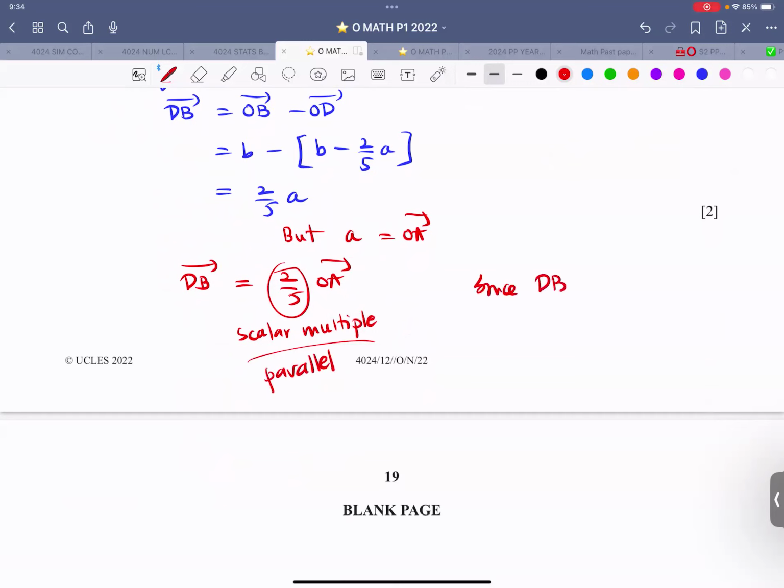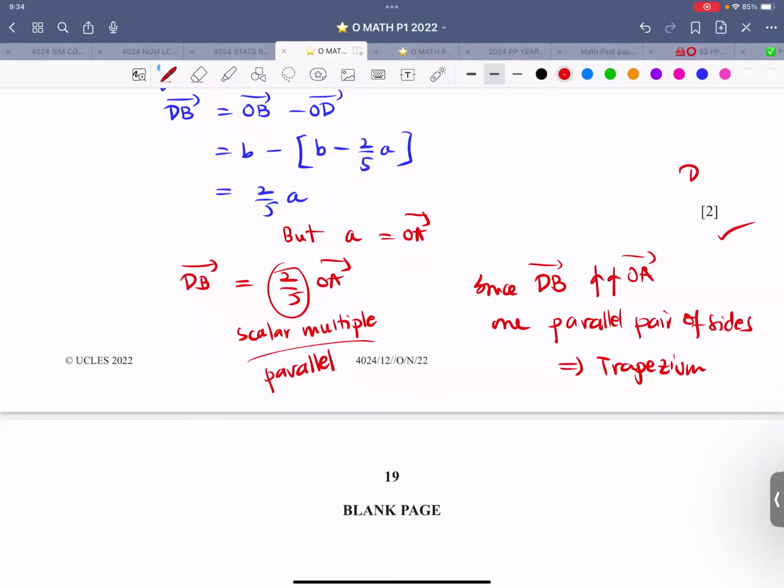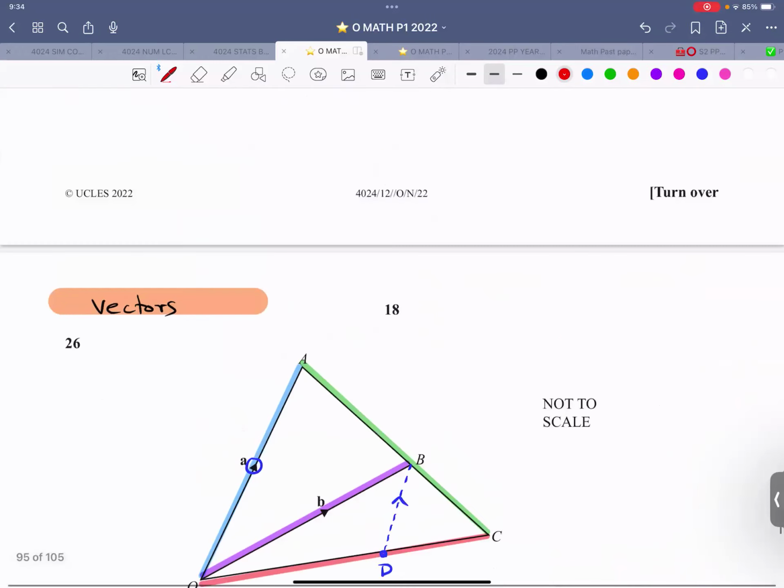Since DB is parallel to OA, there is a parallel pair of sides. Therefore, this shape is a trapezium. So yes, it's only 2 marks because it was the most conceptual thing. So that is what made it difficult.